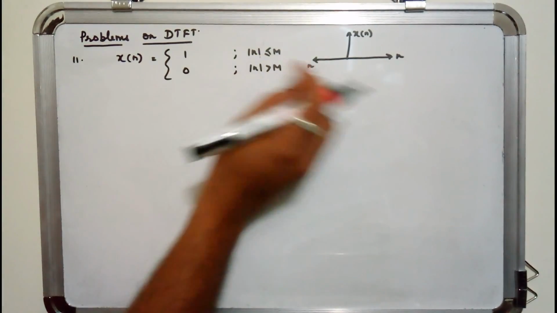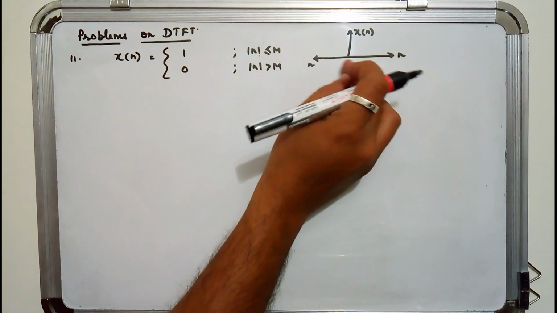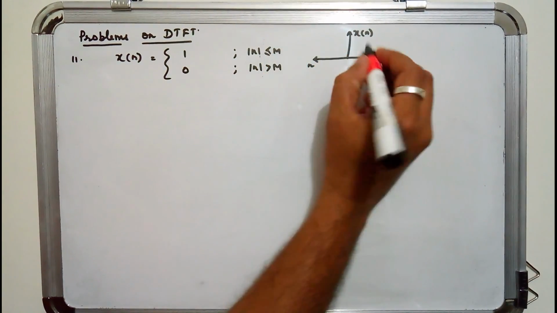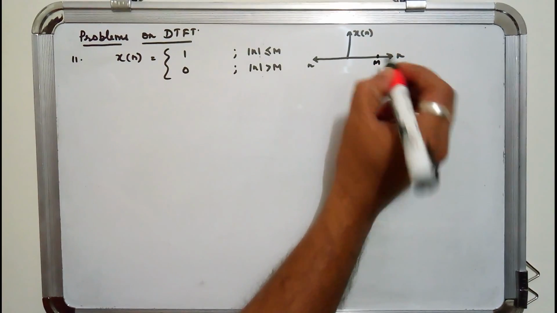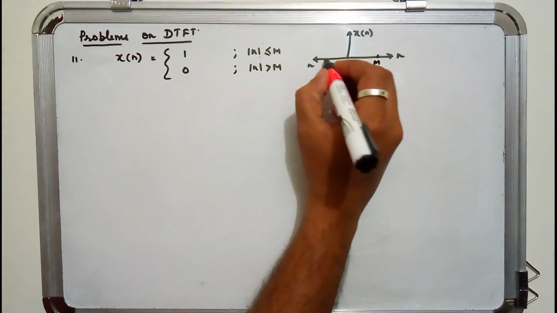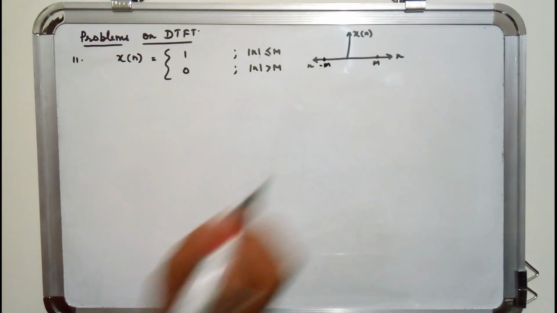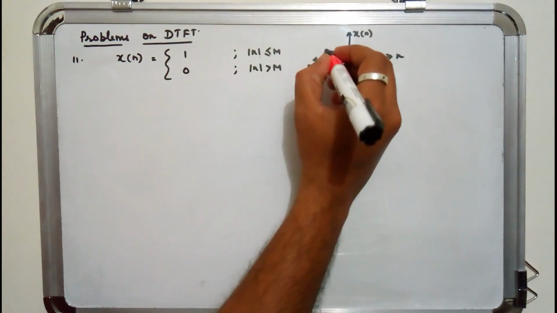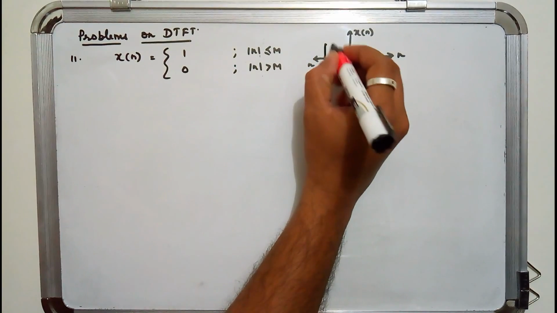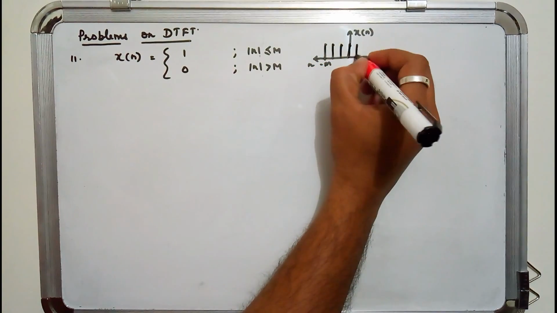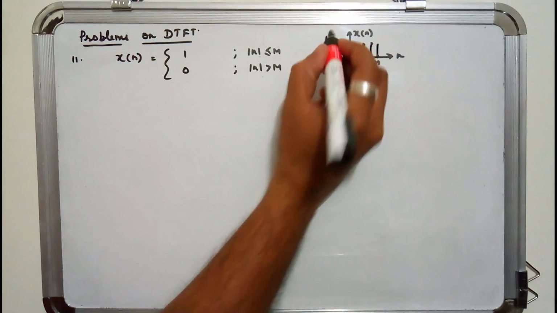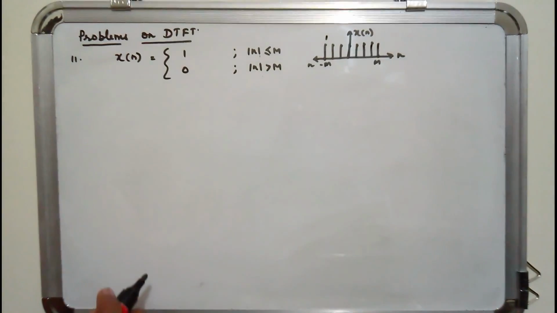So mod n means n, this axis is n, so it can have values less than m. So less than m, positive side, and to the left I have minus m. So x of n is 1 from minus m to plus m. So it is having the amplitude of 1 everywhere from minus m to plus m. So all the amplitudes are 1. So you can write it here 1, 1, and everywhere it is 1.